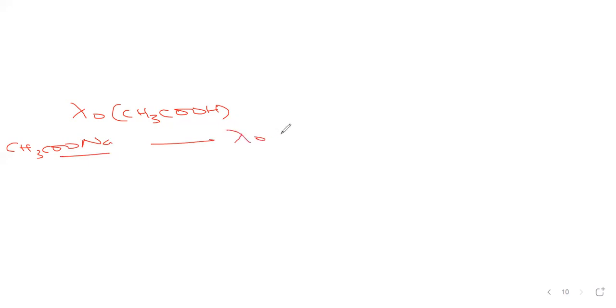For example, I may want to determine molar conductivity at infinite dilution of ethanoic acid. But ethanoic acid being a weak electrolyte, it's not easy to measure its molar conductivity. However, if I have a strong electrolyte like sodium ethanoate, and I know maybe its molar conductivity at infinite dilution.